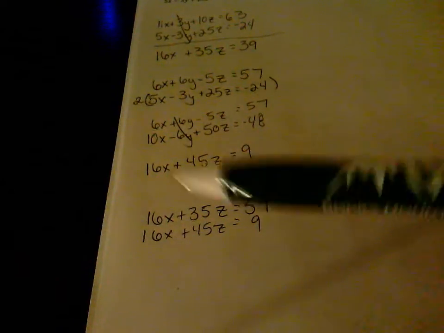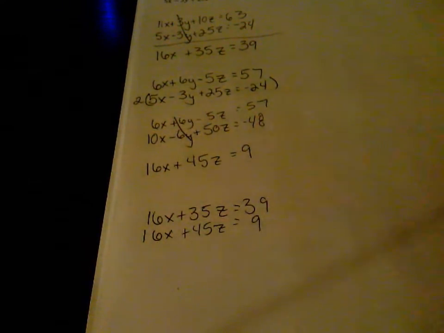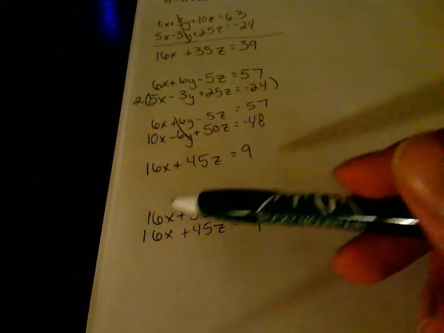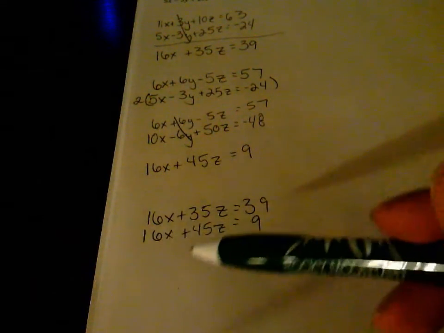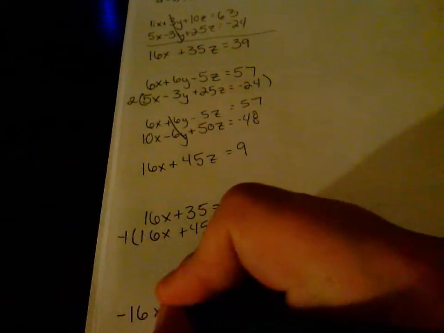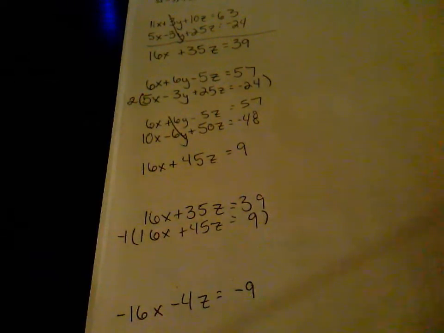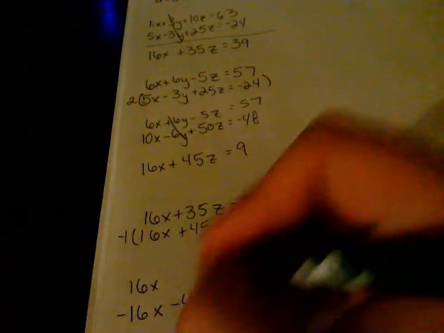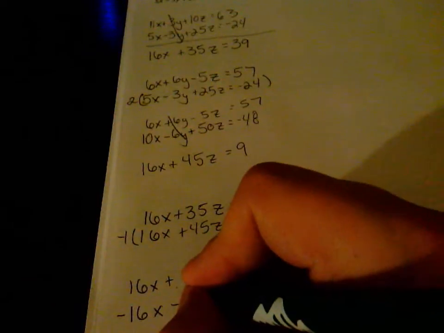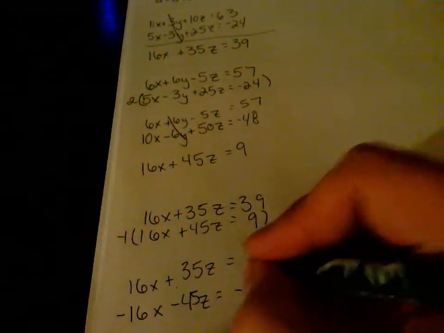Alright. These are already 16s. I think this is a no-brainer. We need to do the x's. The only problem is one is positive, one is negative. So I'm going to make this negative by multiplying this entire thing by negative 1. What that's going to give me is negative 16x minus 45z equals negative 9. And the other is 16x plus, I don't know why I didn't put the 5 there, plus 35z equals 39.